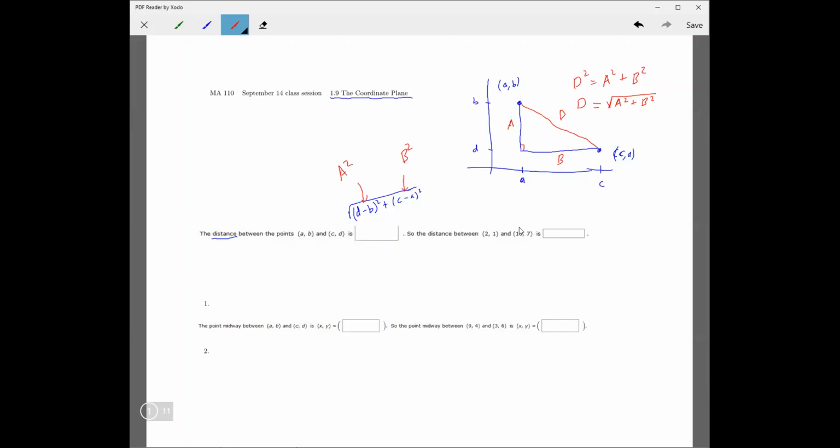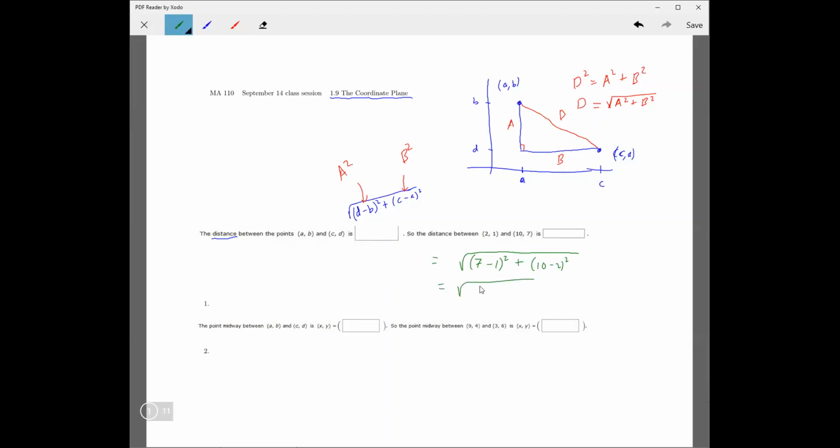Okay, so now we are going to apply it to these points right here. What you have to identify is where to put everything. So you go 7 minus 1. Those are the y components, so you're looking at the y components for the A part. And then the x components are 10 and 2. 10 minus 2 squared.